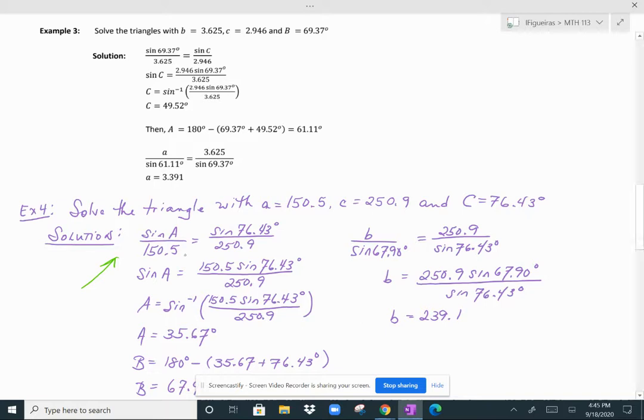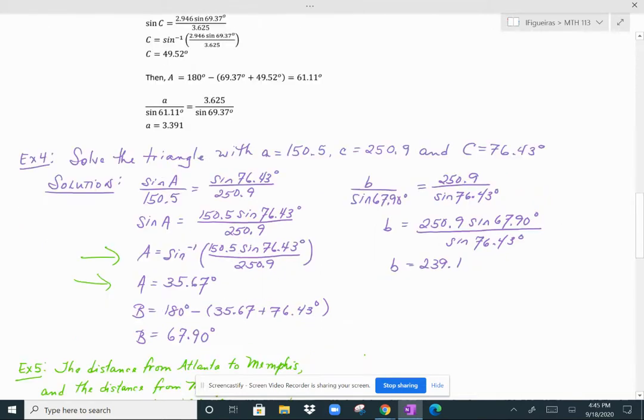Multiply both sides by 150.5 and you get the next line, that the sine of A is equal to this fraction, and then you need to solve for A, so you take the sine inverse or arc sine of that fraction, and you can put this whole thing into a calculator and you get that A is 35.67 degrees. Again, C has 2 decimal places, so angle A should also.